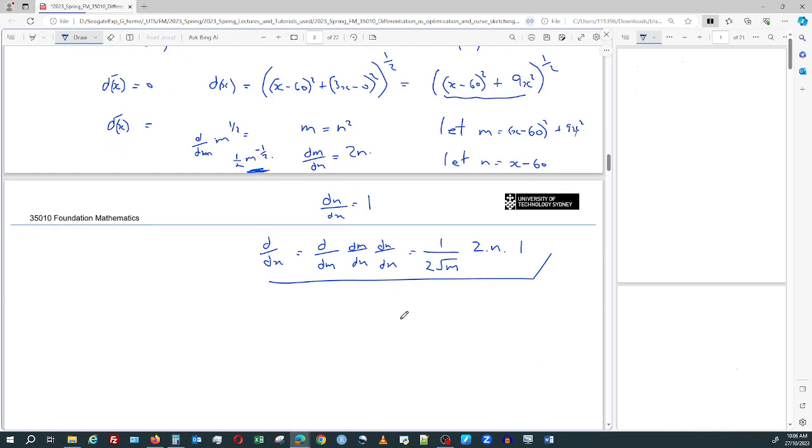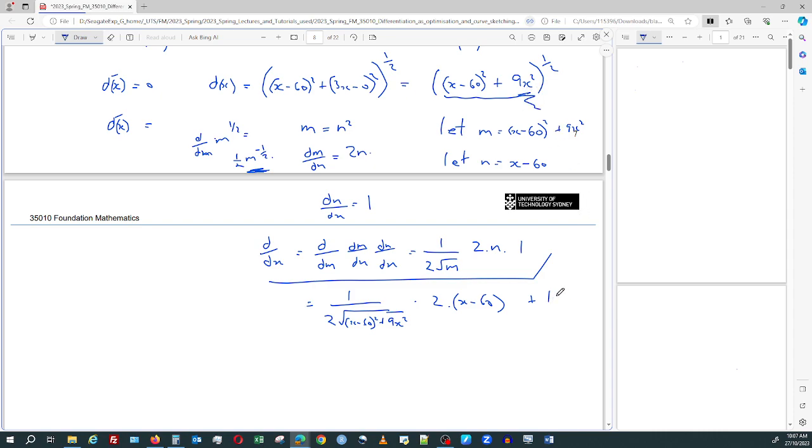Now we need to put the x's back in, of course. So we'll get 1 over 2 the square root of x minus 60 squared plus 9x squared, times 2 times x minus 60, and don't forget to add this one.